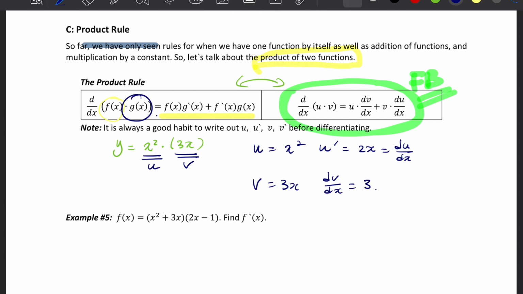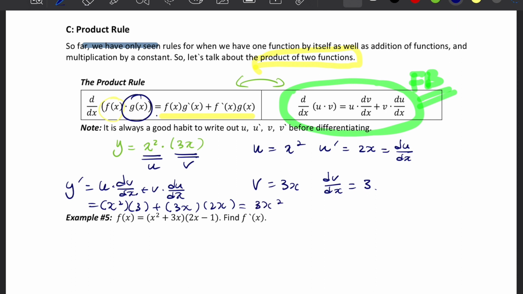Then we recombine this: u times dv over dx plus v times du over dx. Then we get x squared times 3, plus 3x times 2x. Then we can say 3x squared plus 6x squared, so 9x squared is the derivative of the function y. That's how you do the product rule.